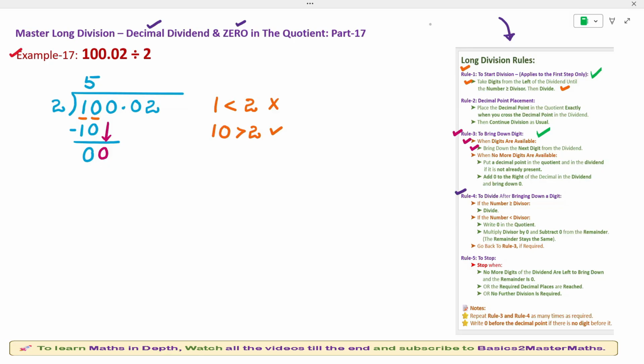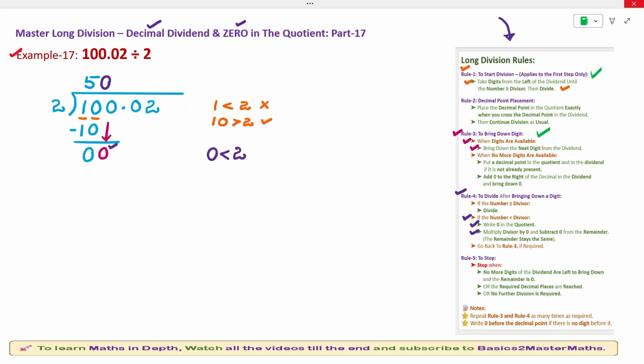Let us apply rule 4. Observe, now the number becomes 0, which is less than the divisor 2. As per rule 4, if the number is less than the divisor, write 0 in the quotient.